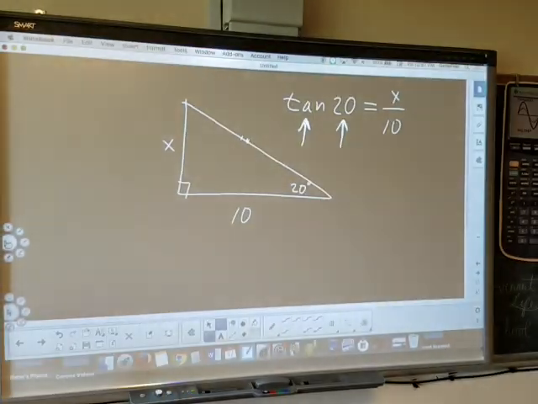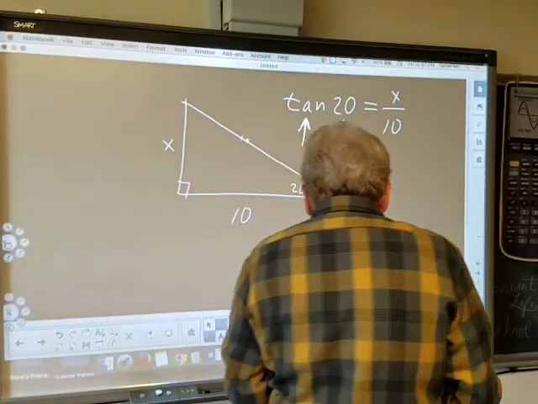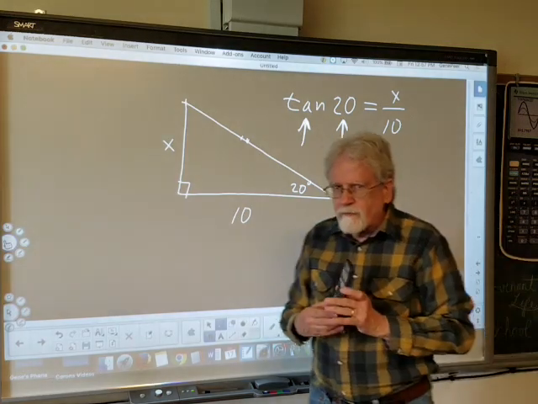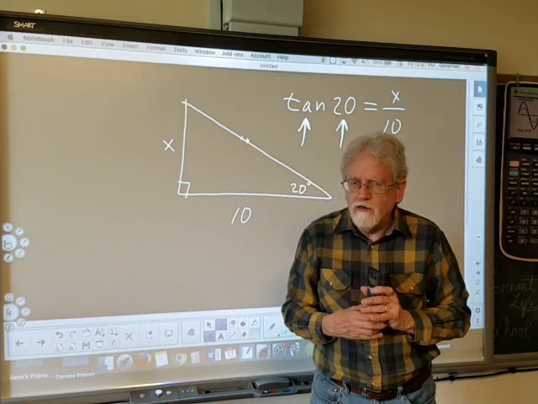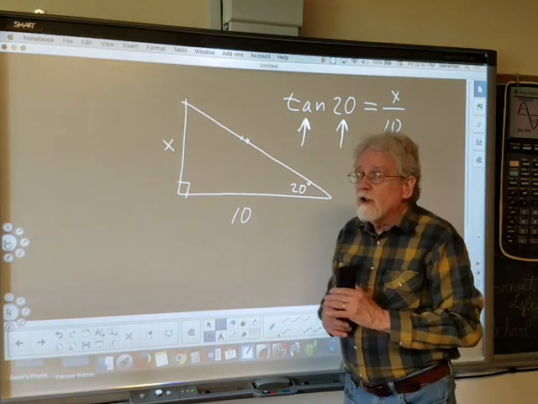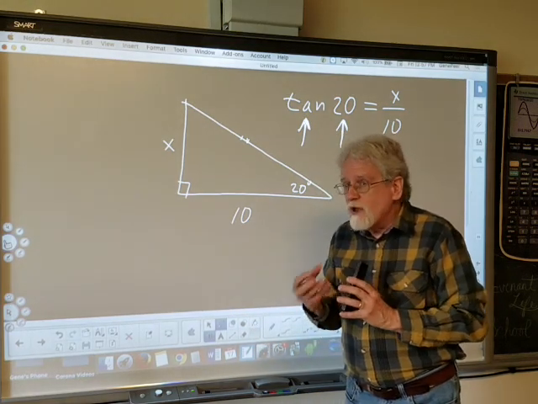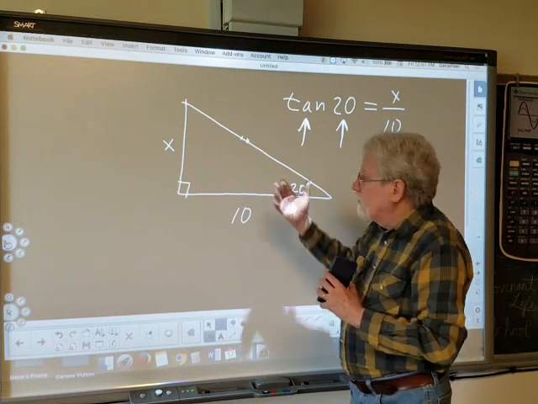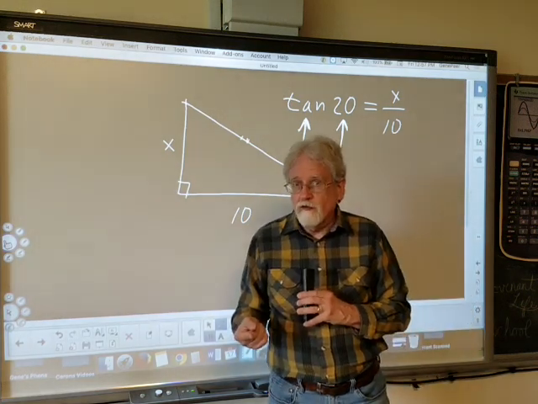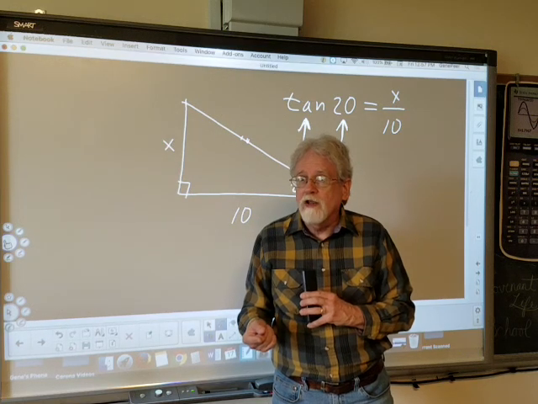Now, there's one little glitch possible here. That one little glitch is your calculator comes from the factory preset for something different than degrees. There are a couple of ways to measure angles. We've been using degrees. We will continue using degrees. When you get to pre-calculus, you'll start using something else called radians.